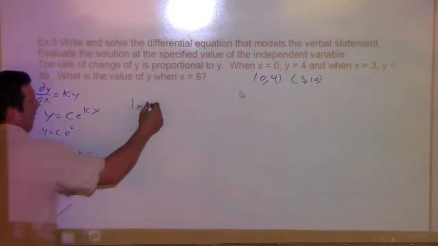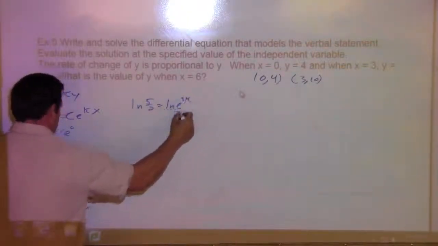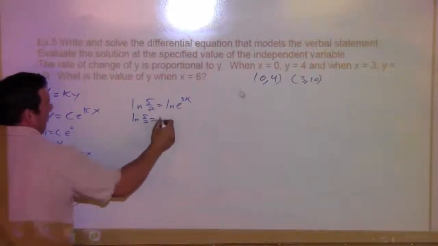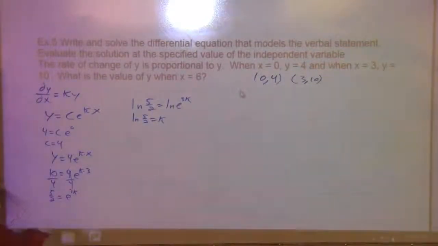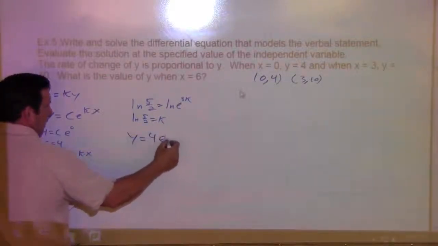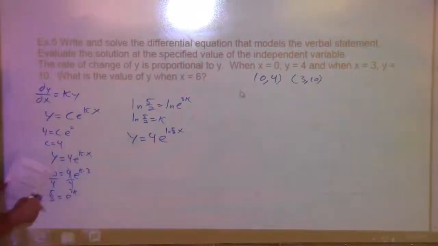The natural log of 5 halves is the natural log of e to the 3k. So natural log of 5 halves equals k.